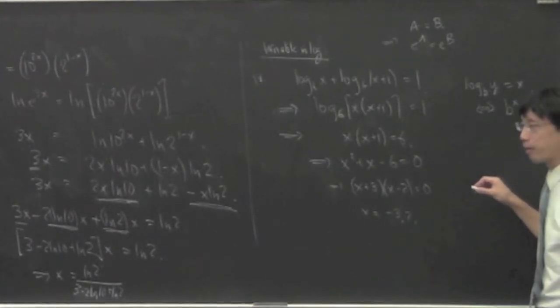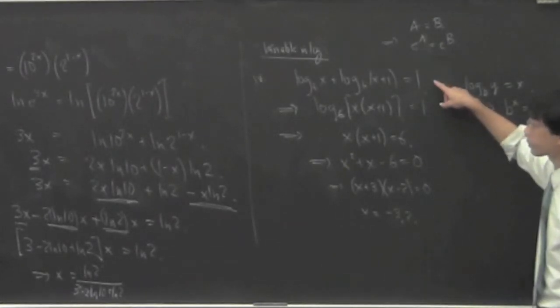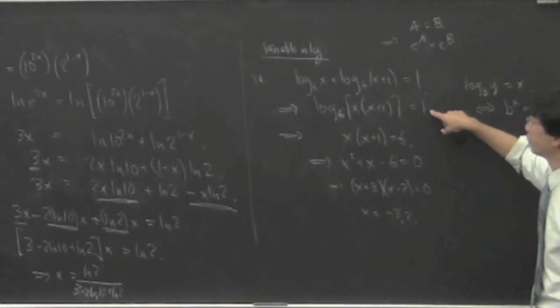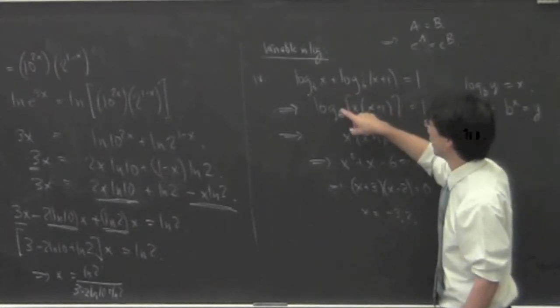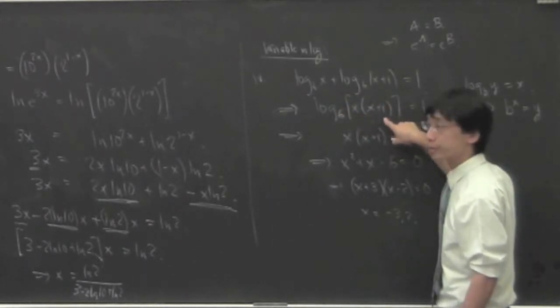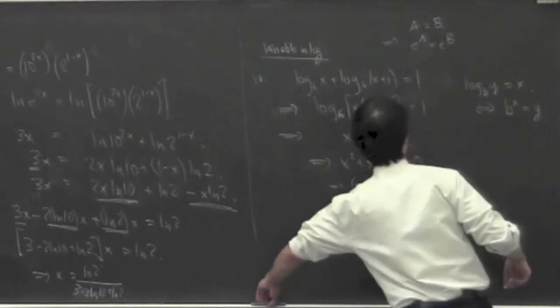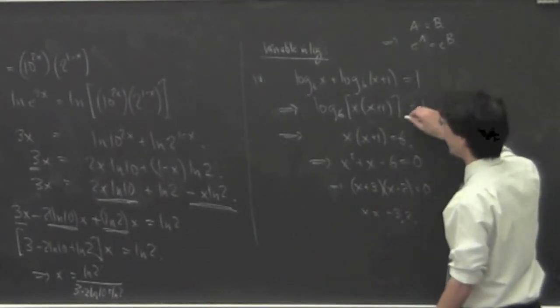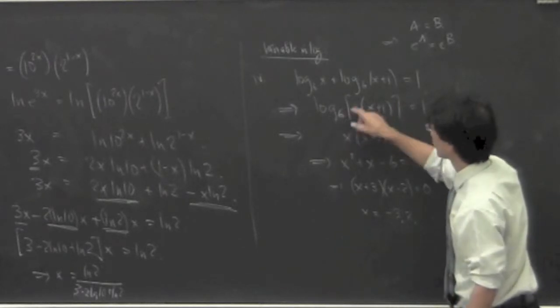I mean, in the errors too, it's kind of like the same thing. If you have log base something plus log base something, adding both of them is not equal to the log of the sum. What it is equal to is the log of the product. It would be wrong if we said that this was log of x plus x plus.